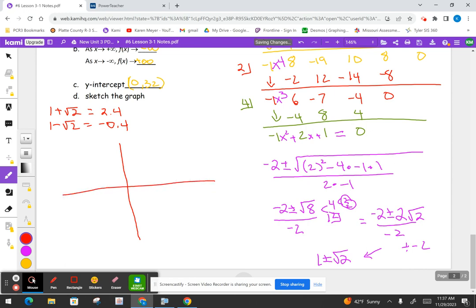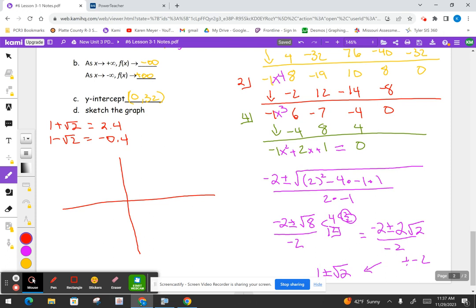My zeros were at -4, +2, and +4. And then my decimal ones were at 2.4 and about -0.4.